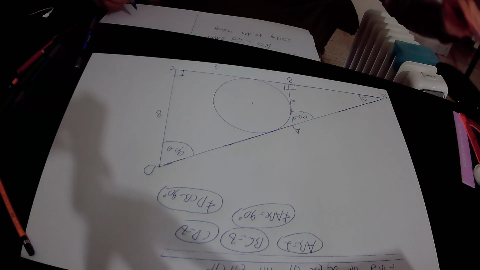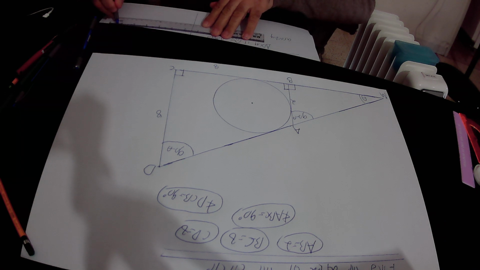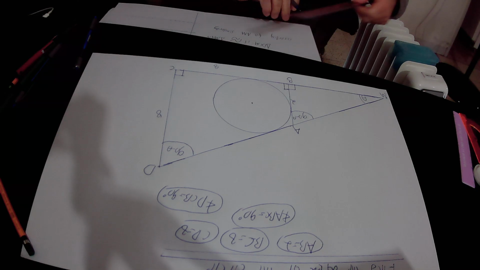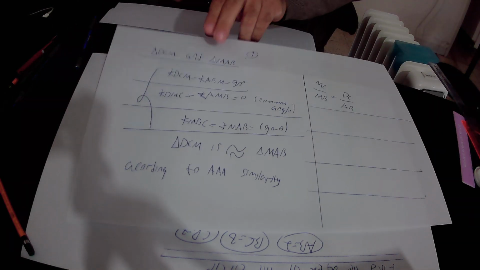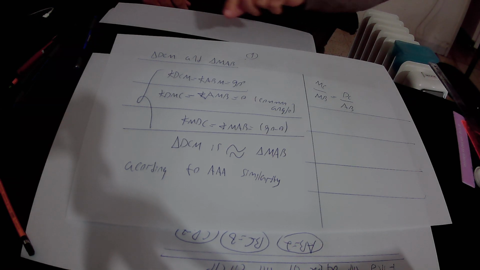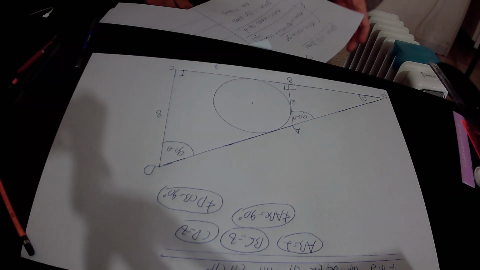Repeat again: MC over MB equals DC over AB.